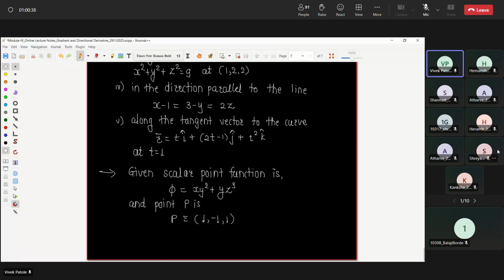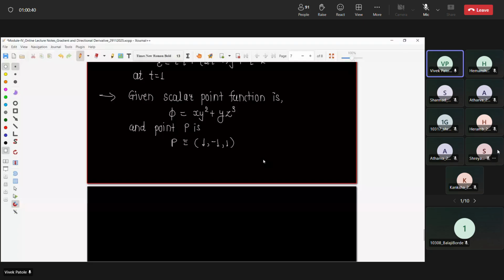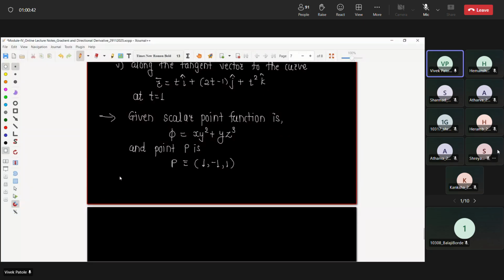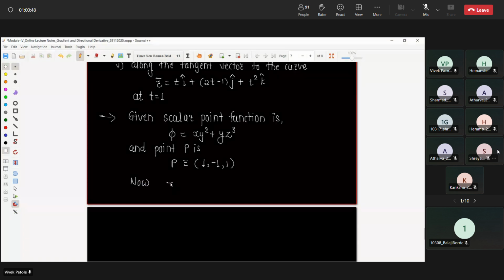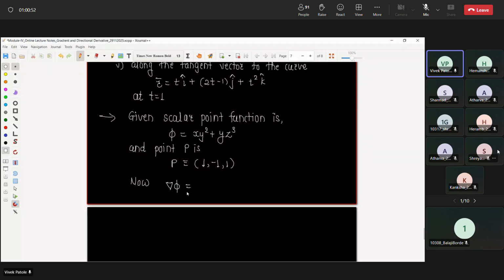Now we wish to find the directional derivative of this function, and for that, first of all, we will be requiring grad phi. Now del phi is equal to, it is common to all the cases, that's why we keep it evaluated and use it wherever required.